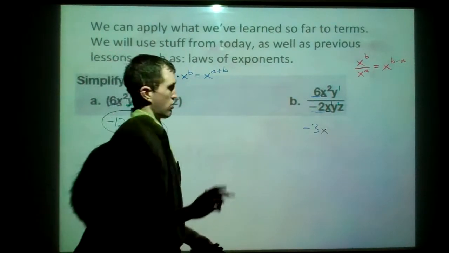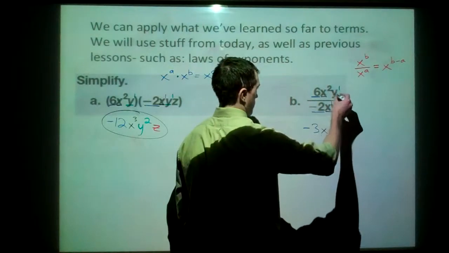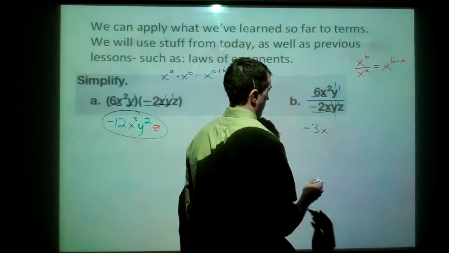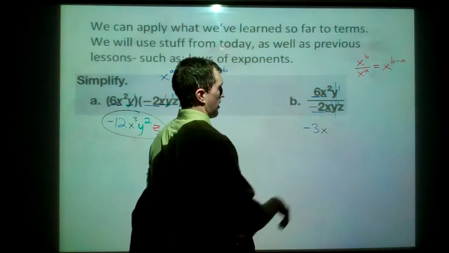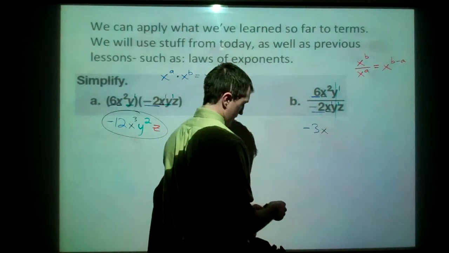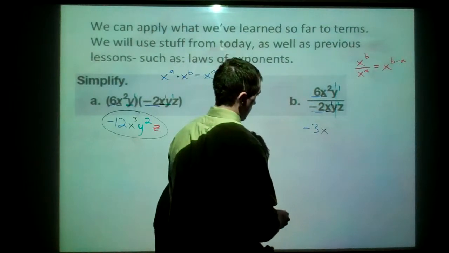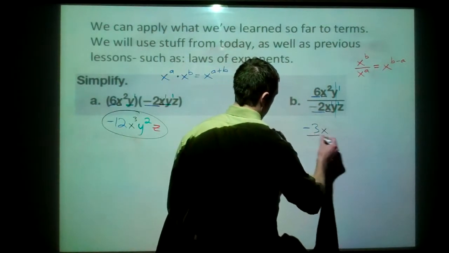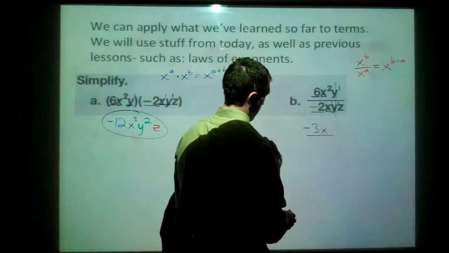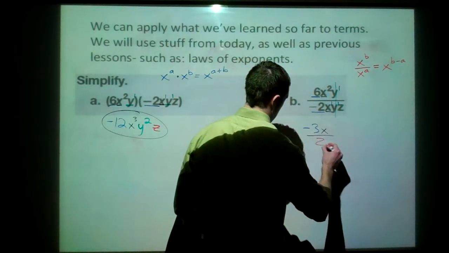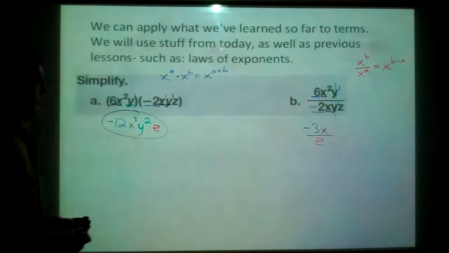Anything to the 0 power is 1. So these just cancel out with each other. They're gone. There's no y's. And then we also have a z, but there's nothing on top to cancel it out. So z stays in the bottom, and we're left with negative 3x over z, just like that.